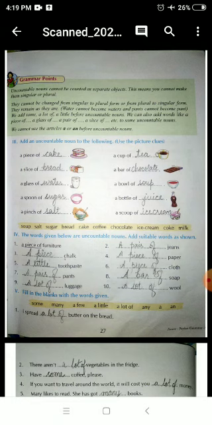So now today we will do the exercise which is based on the topic uncountable nouns. And students, the question we frame for uncountable nouns is we use how much. So students, let me just tell you, we use some, a lot of, a little before uncountable nouns, and we can also add words like piece of, glass of, a pair of, a slice of, etc. to some uncountable nouns.